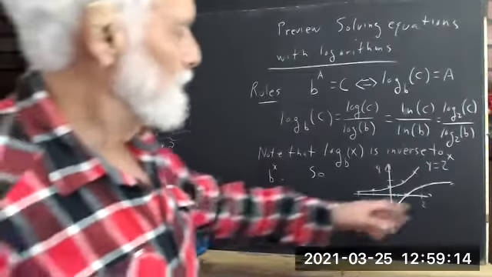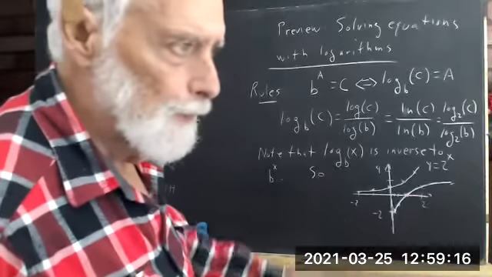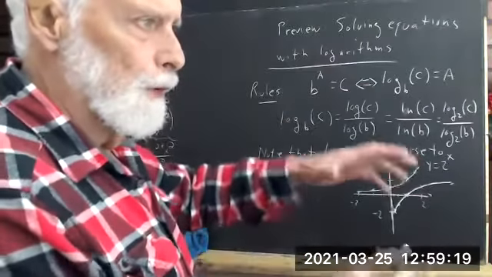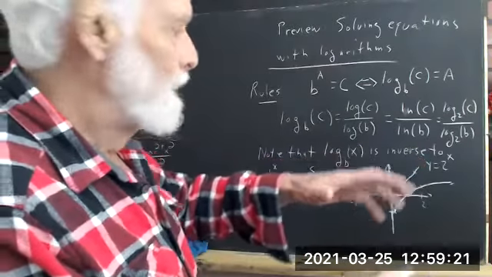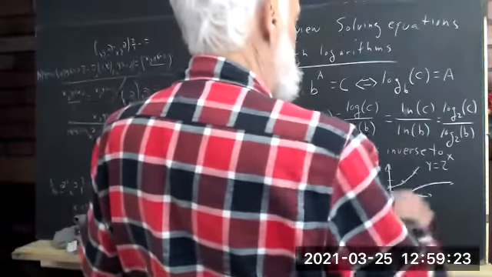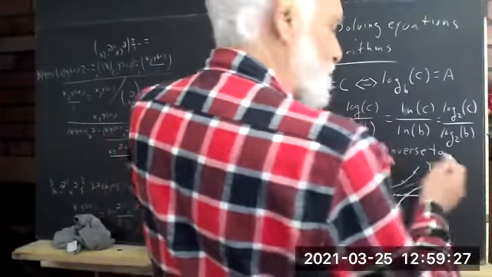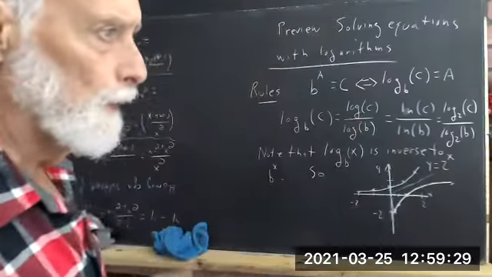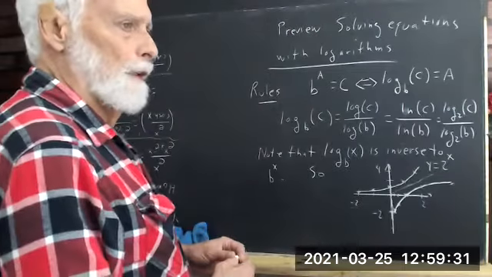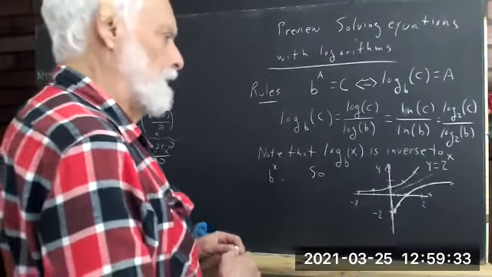Well, it doesn't exactly look like an inverse function because of the distorted scales. So the y equals x line would be like here. But it is the inverse function relationship. And I believe you've already drawn that a couple of times.